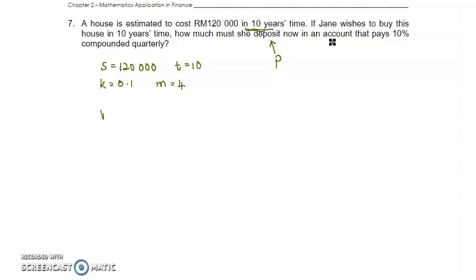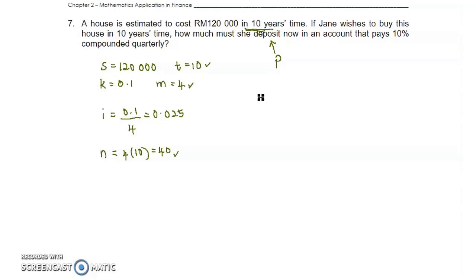Calculate value I equals K over M, 0.1 divided by 4, so 0.025. N equals M times T, so 4 times 10, 40. So in 1 year we calculate interest 4 times; in 10 years, 40 times.